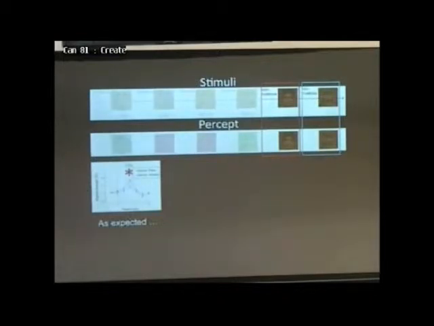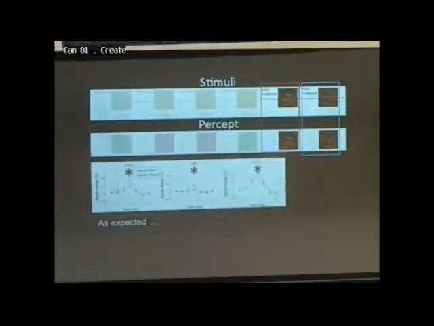So you're seeing the FFA region, and this is the mean fMRI signal in this region. The red is when subjects perceive a face, and the response is stronger than when they perceive a house. And in PPA it's the opposite. When you perceive a house, it responds more than when you perceive a face.